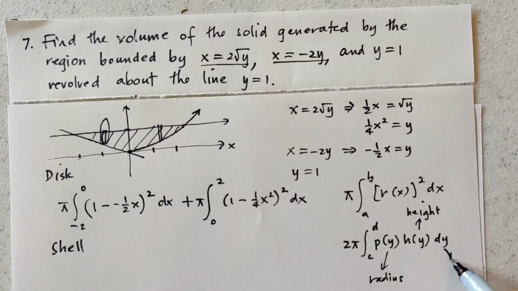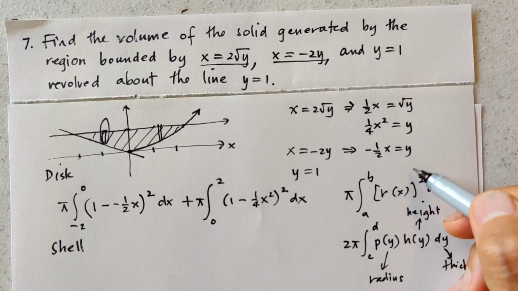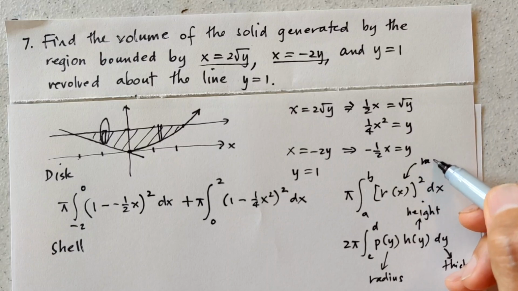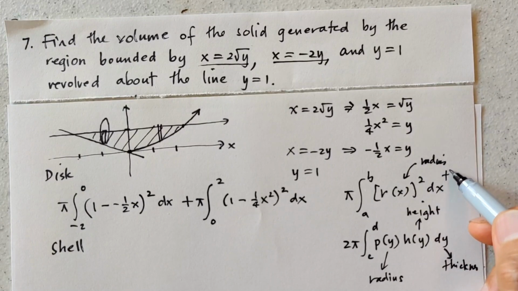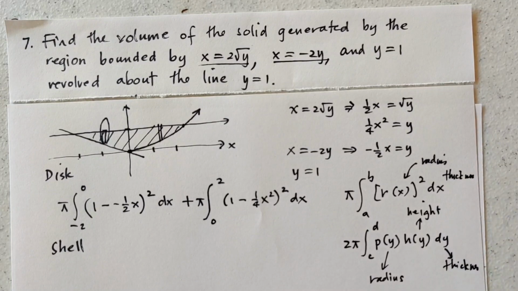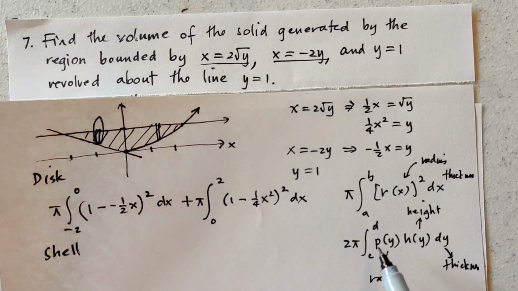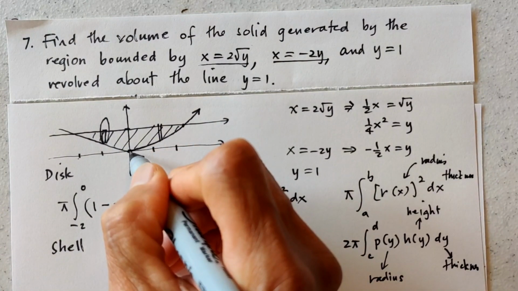And dy is the thickness. In the disk method, this is simply the radius. Okay. And dx is the thickness of the disk. Okay. So we are integrating now along the y-axis. So the shell's gonna start from 0 to 1.